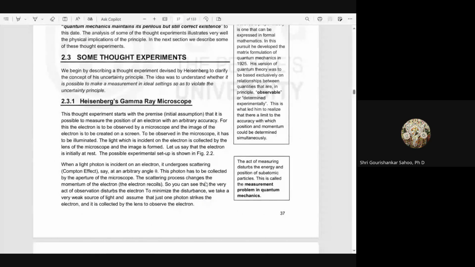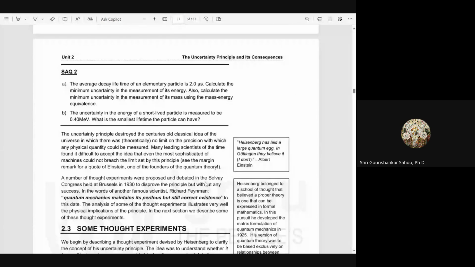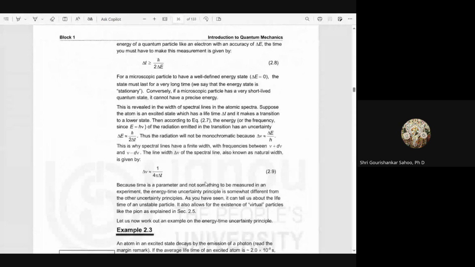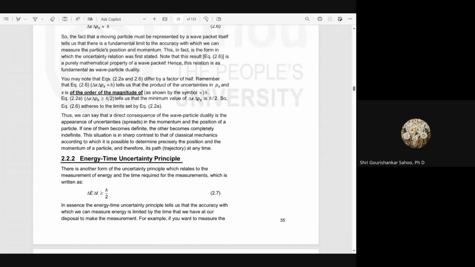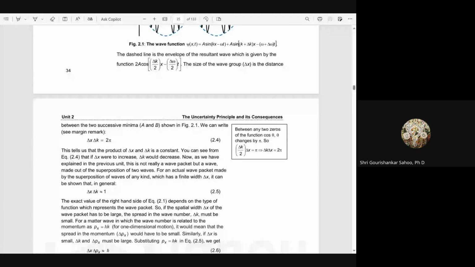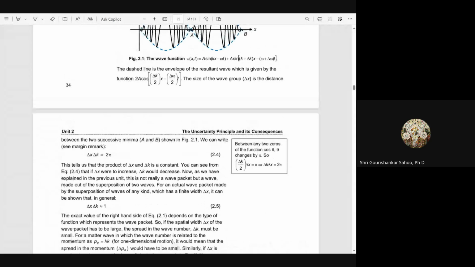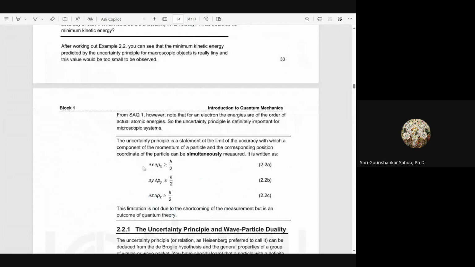You cannot measure the value of two canonical variables with accuracy. So energy time uncertainty principle, your position momentum uncertainty principle: del x del p is greater or equal to h cross by 2. Del y del py is greater or equal to h cross by 2. Del z del pz is greater or equal to h cross by 2.